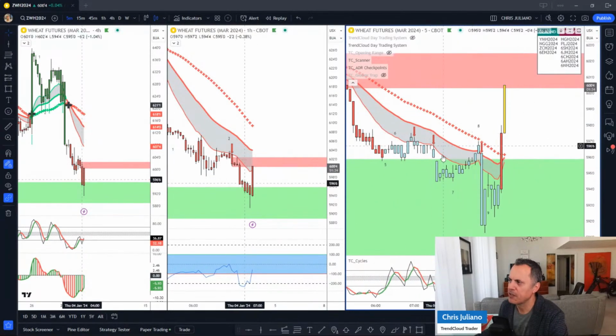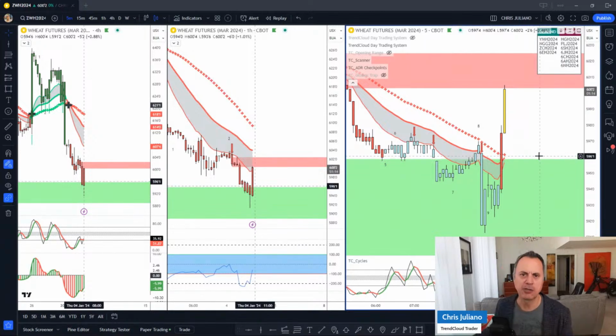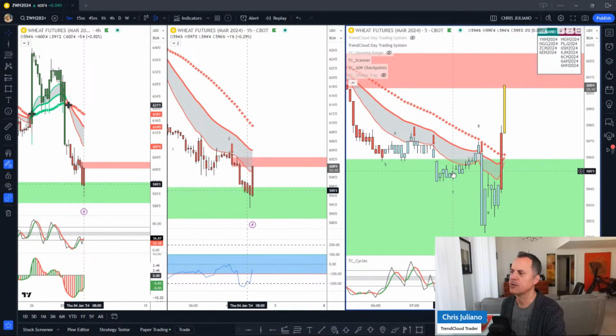So do you see on this 5-minute chart, price reached the high time frame demand zone, right? In an extended trend, what does it want to do when the trend becomes extended? It wants to break above that 50 simple moving average to recalculate and do something. And that's what's going on here. All right. So we are coming back and we're hitting that point.